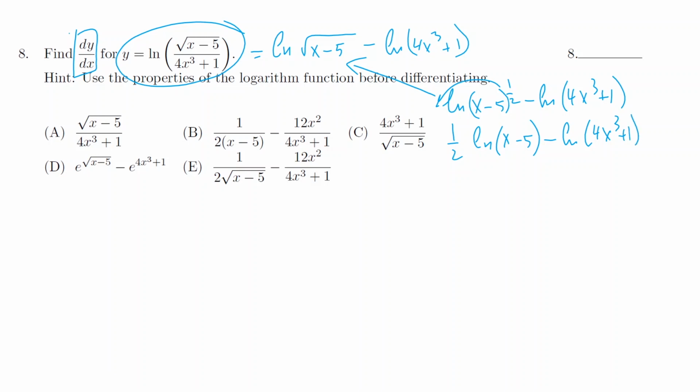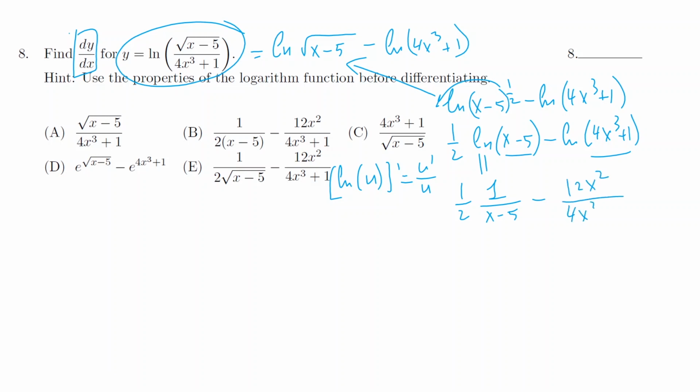Now, if you take the first derivative of this, you know that the first derivative of ln u is equal to u prime over u. So if you take the first derivative of the first part, we're going to get 1/2. Derivative of x minus 5 is just 1 over x minus 5. Minus derivative of 4x cubed plus 1 is 12x squared over 4x cubed plus 1. And this is our answer.